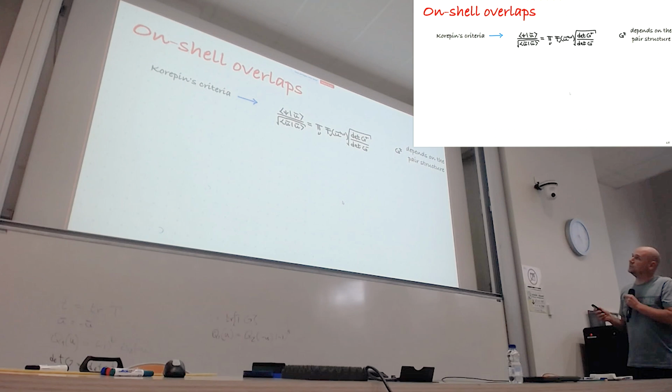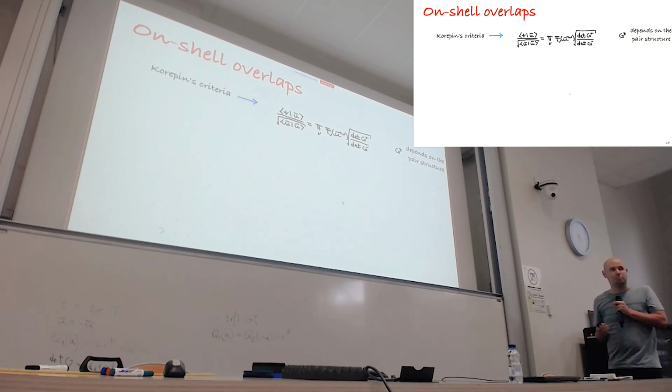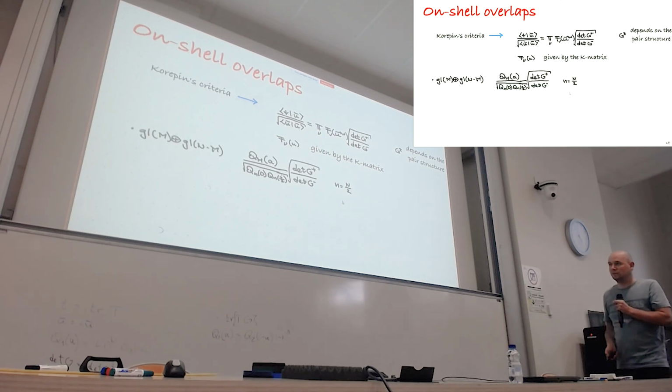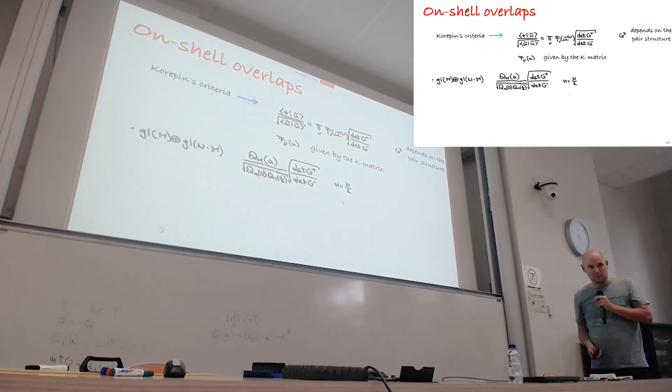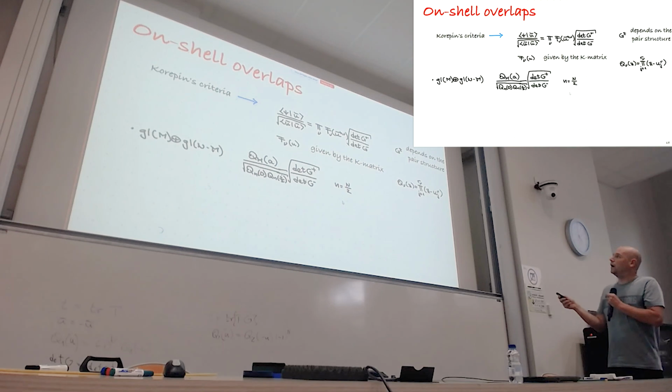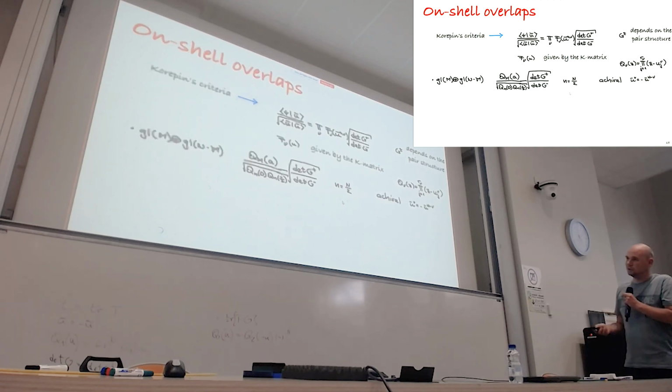And now this G plus and G minus depend on the type of the pair structure. So it looks different for the achiral and the chiral pair structure. And the boundary dependent part, these F functions, are given by the K matrix. And these are the concrete answers. For the untwisted boundary states, this is the general overlap formula, and here I use the Q functions.